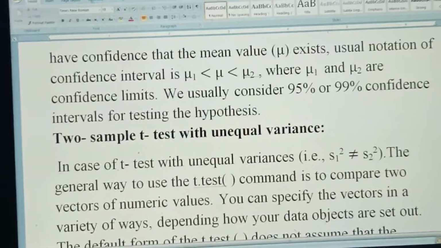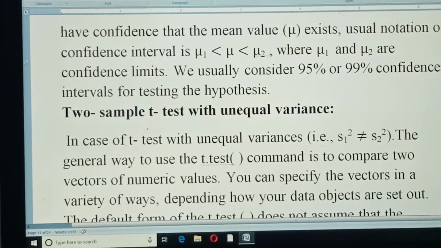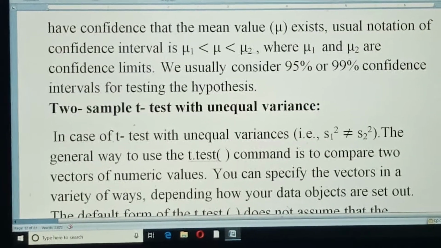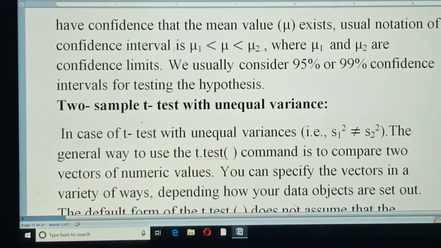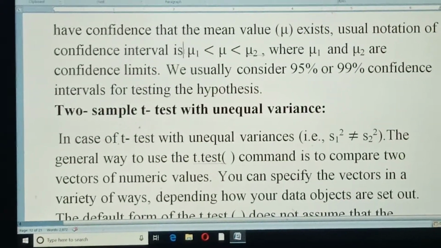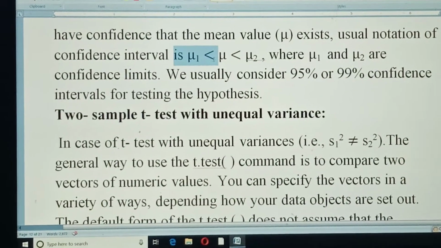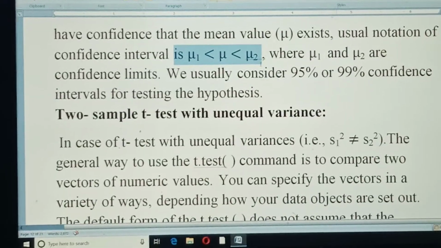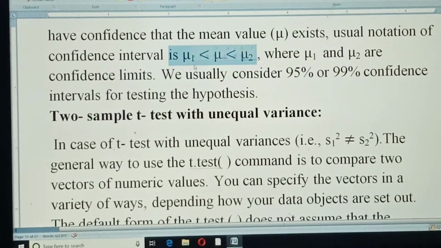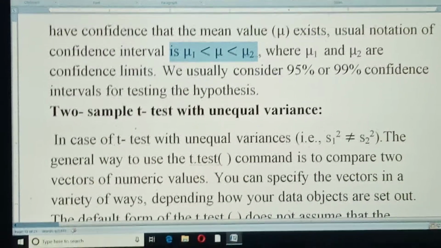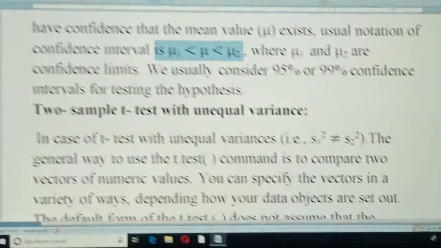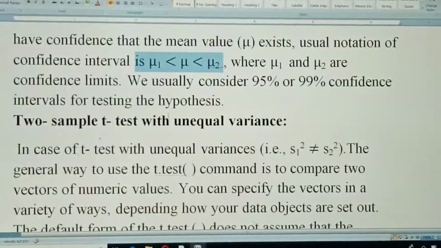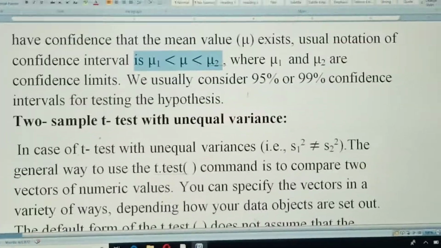The confidence interval which is determined by R itself is provided with the confidence limits, and the confidence interval here for the mean is considered as mu1 less than mu2, where mu1 is the lower confidence limit and mu2 is the upper confidence limit.